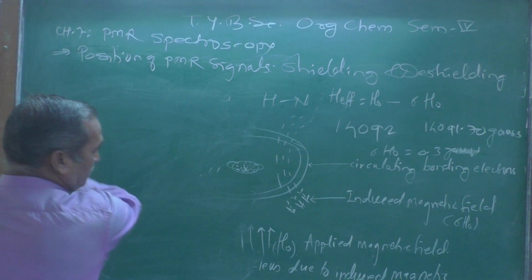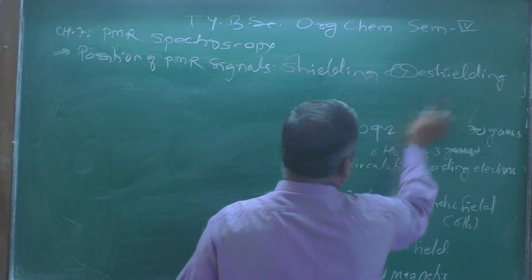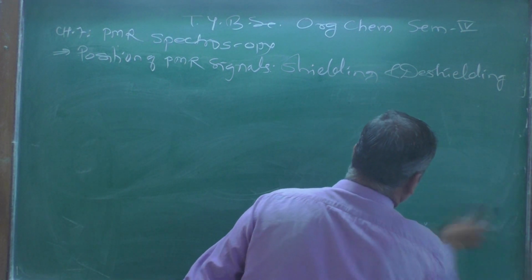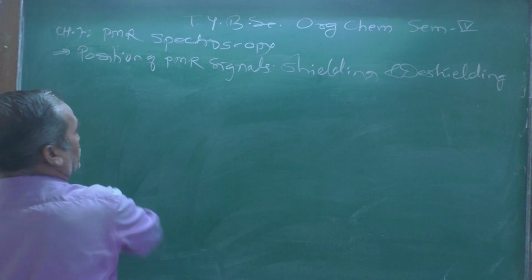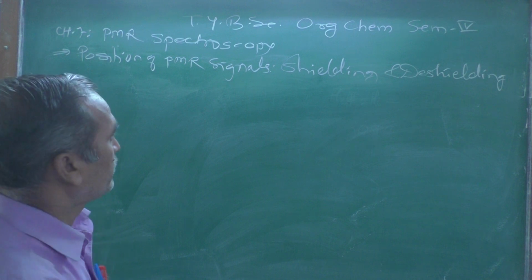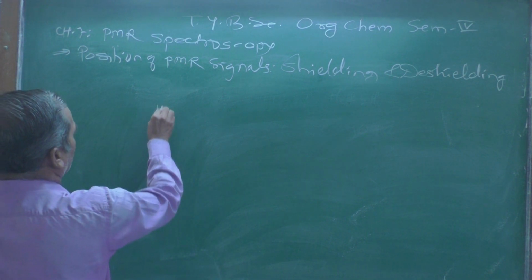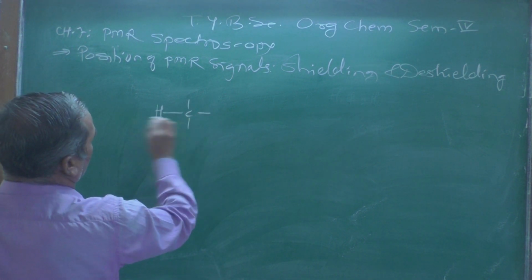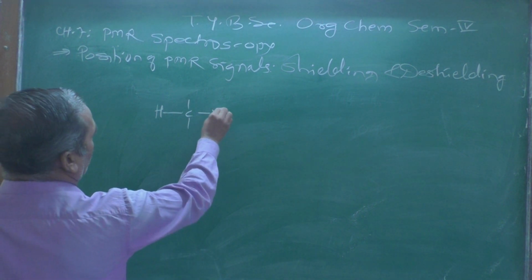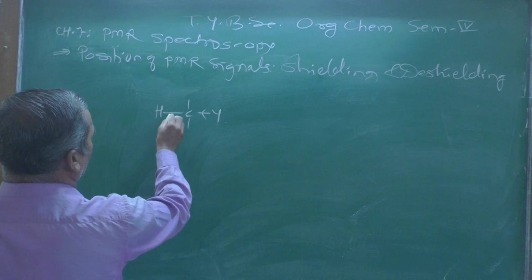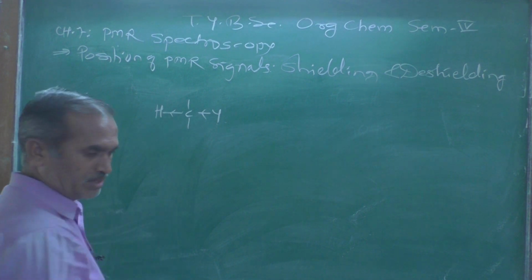What is that? Let's see over here. We are discussing the shielding and the de-shielding effect. Here is a proton attached to this carbon atom. Now let us see one group over here, which is an electron donating group, which will shield that proton.